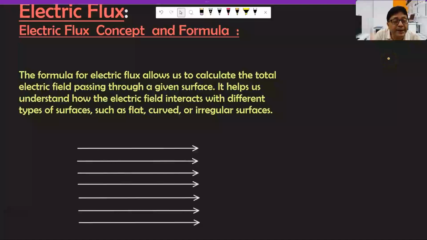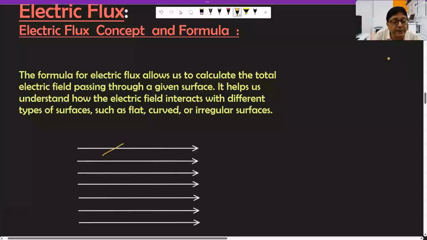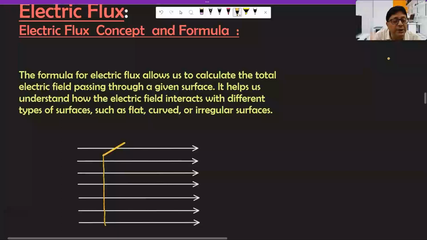So, if I have taken a surface area which is perpendicular to the direction of flow of field lines, then as you have seen, this angle is 90 degree.